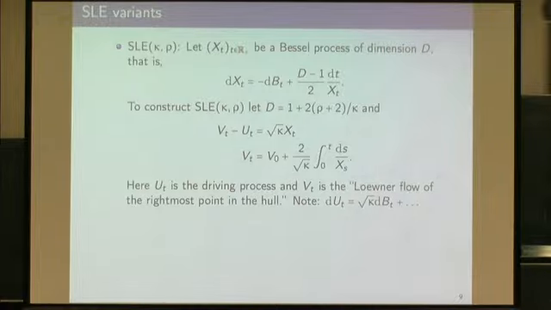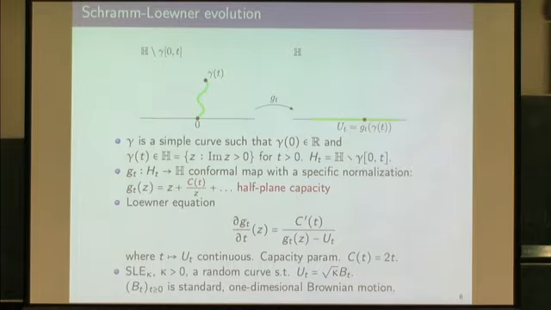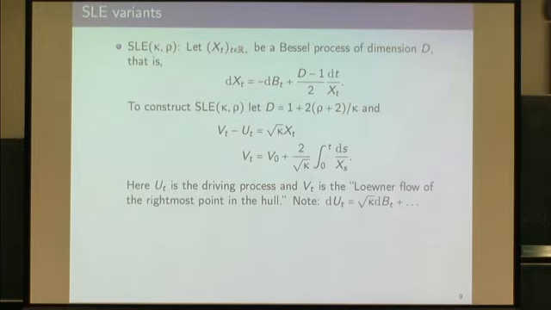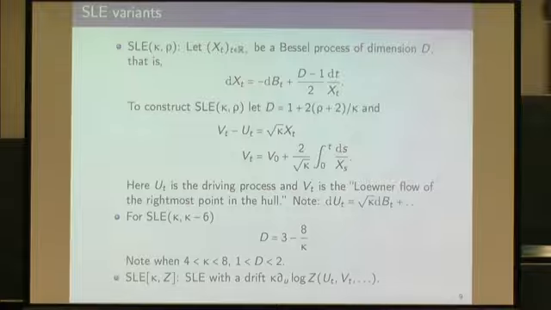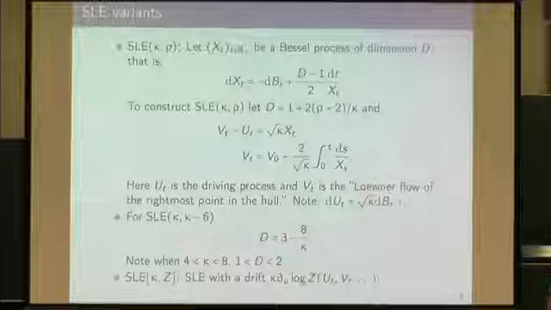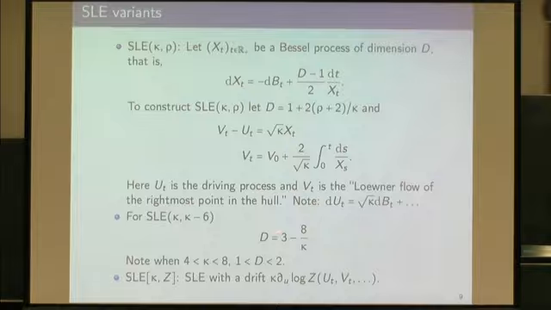And here I just note that, like in the previous slide, the driving process was the Brownian motion times the variance parameter. Here the diffusion part of this driving process is this square root of kappa times dB_t. And here I write the dimension a little bit differently. So here was the formula for the dimension of the Bessel process when rho is equal to kappa minus 6.